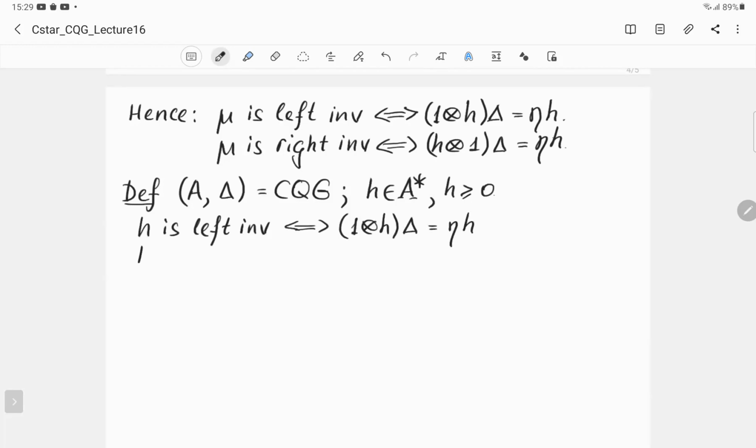And similarly, we say that h is right invariant if we have the following identity.